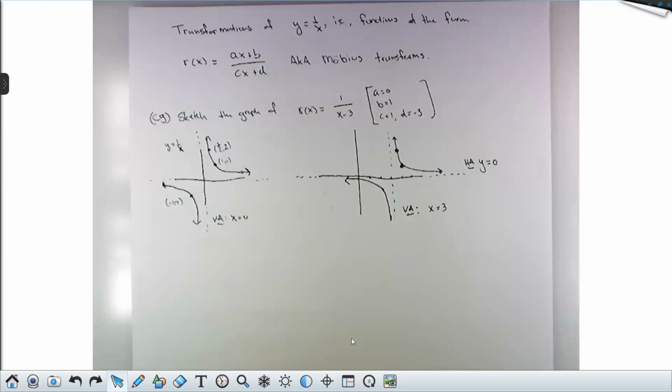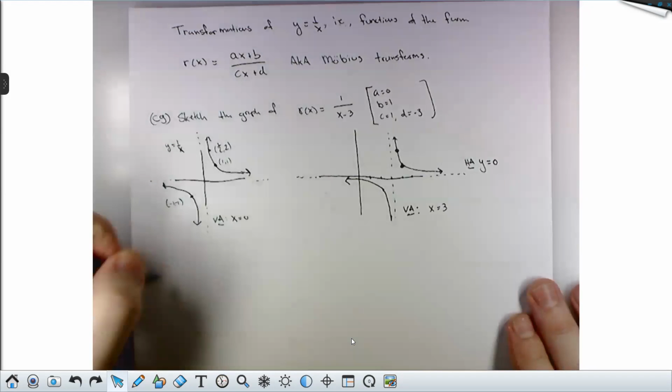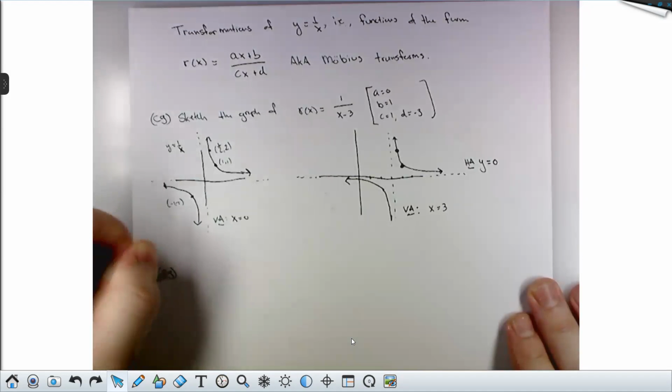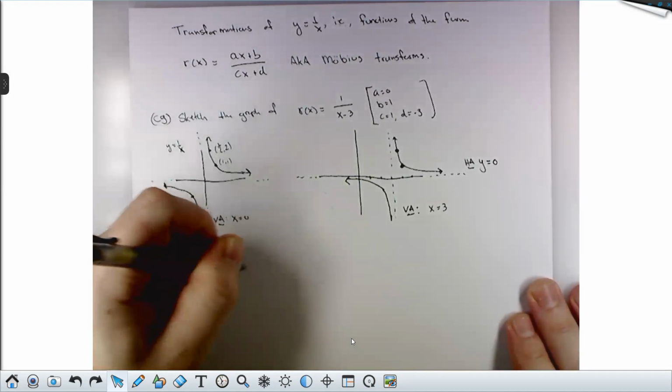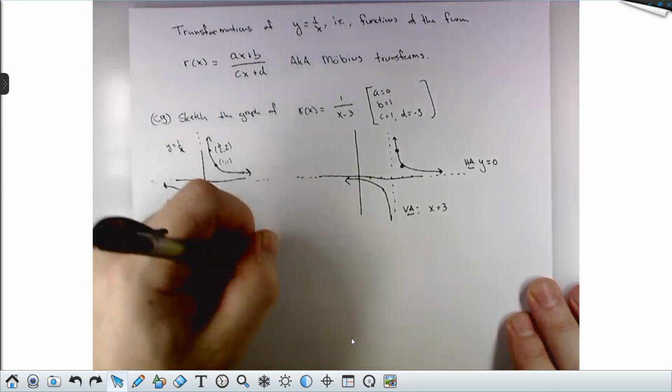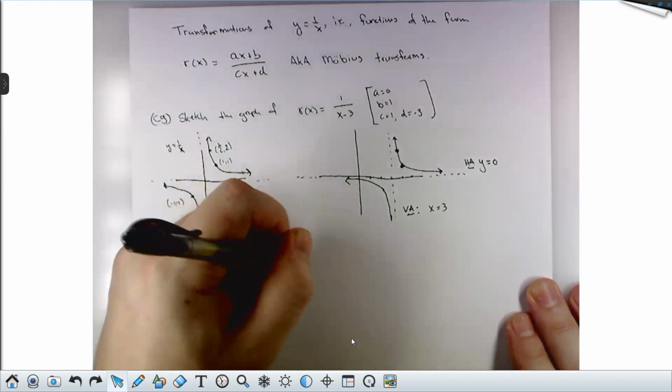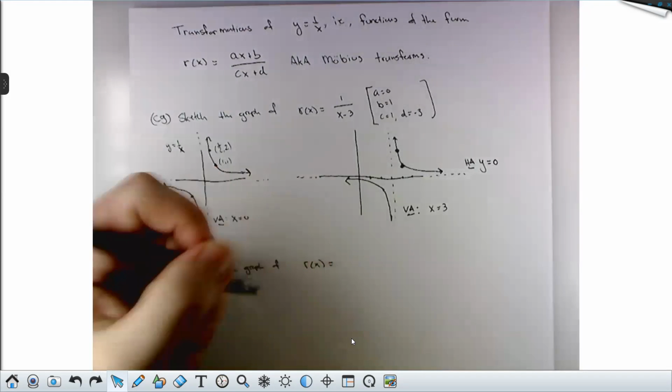Okay. I'd like to look at one more like this. So this time r of x is going to be a little more complicated.